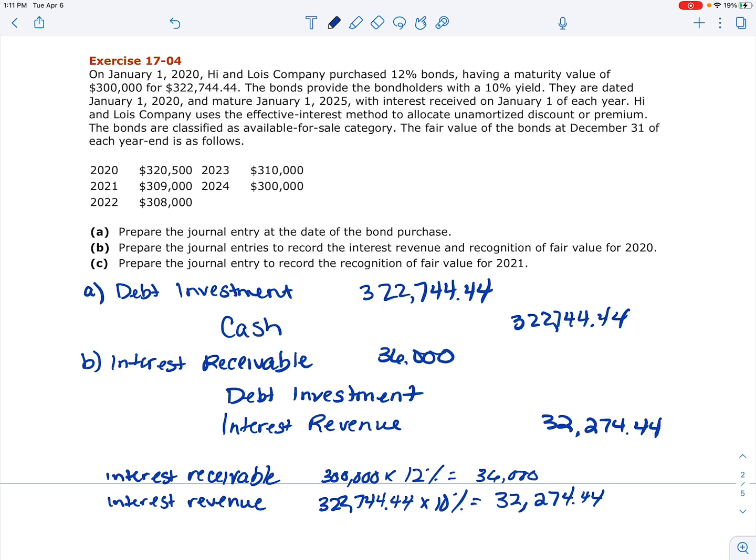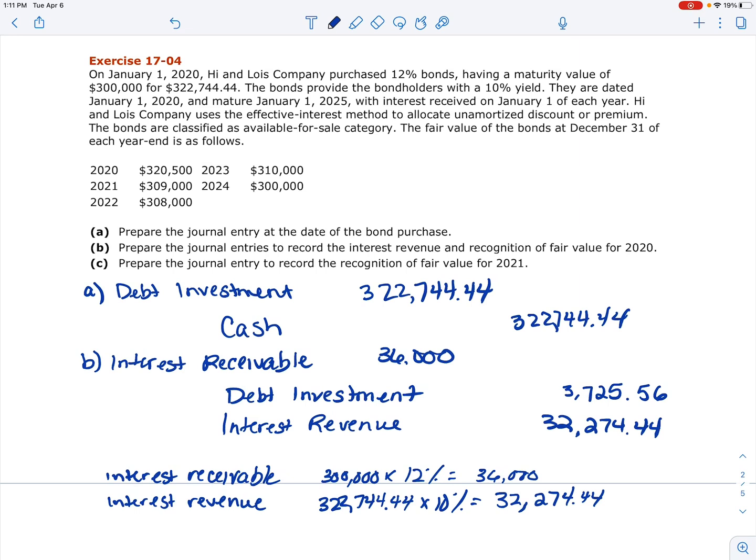So the difference in this journal entry to get those debits to equal the credits is 3,725.56. So that's the journal entry just to record the interest.